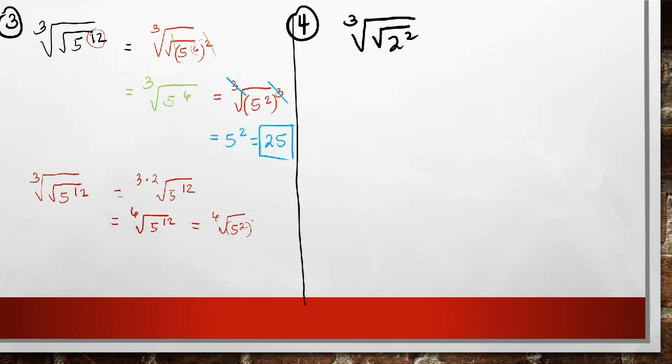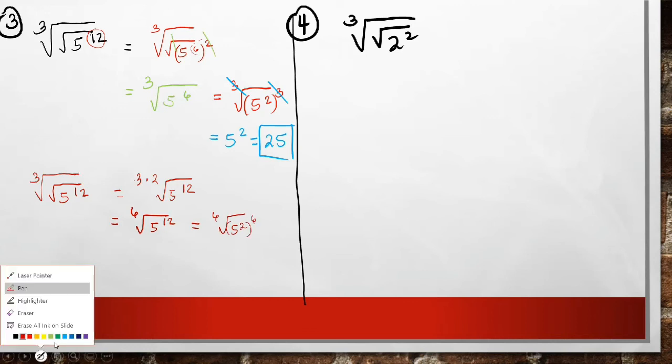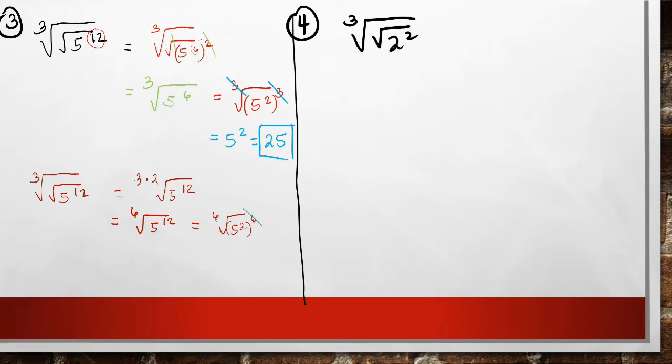And then, we can cancel it out. When we cancel the like exponent and index, the remaining would be 5 squared, and it is equal to 25 as well. So, we have the same answer using a different method. You can use either of the two methods.